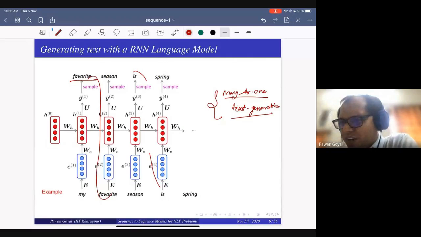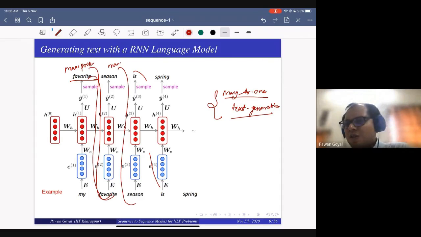Can someone tell me what is the problem if I just take the maximum probability word here? Suppose I just take the max probability word here and feed it next, and then I take the max probability word here, feed next, and keep on doing that. What will be a problem in this architecture?